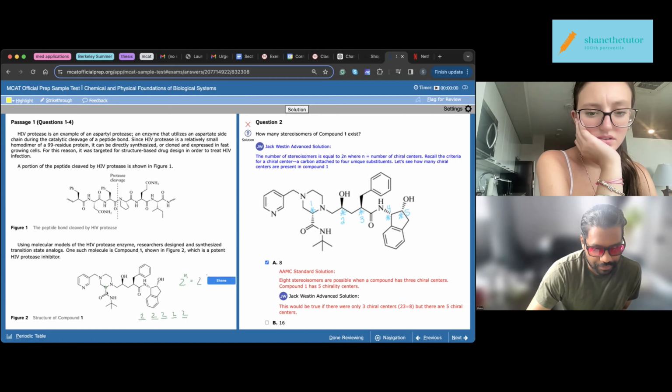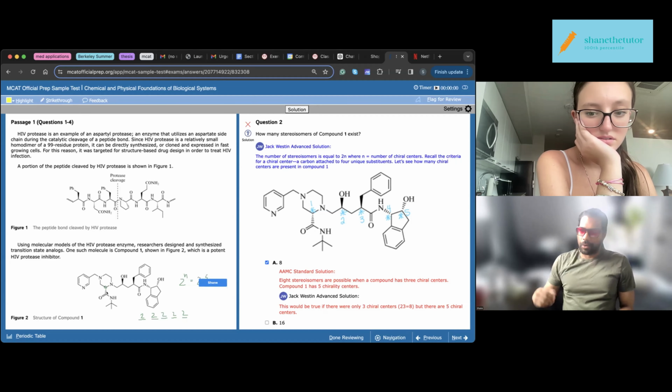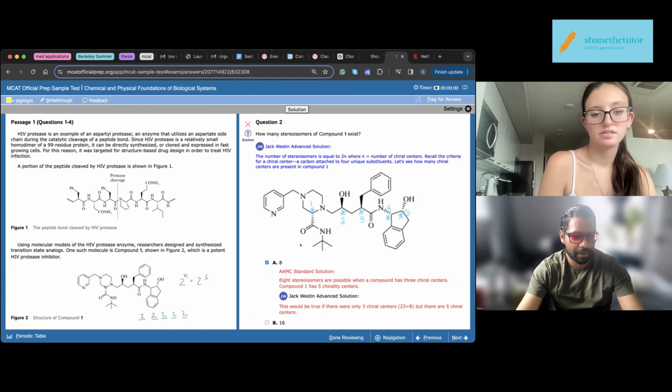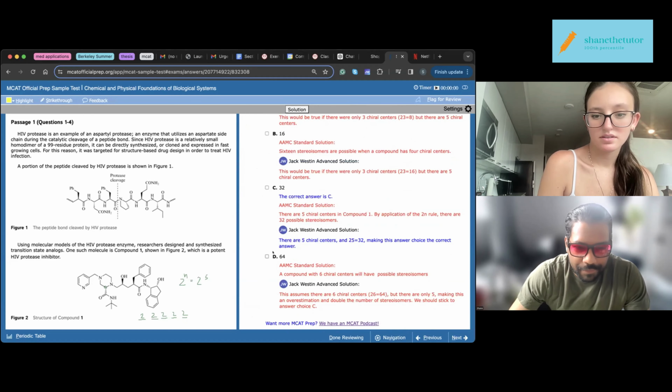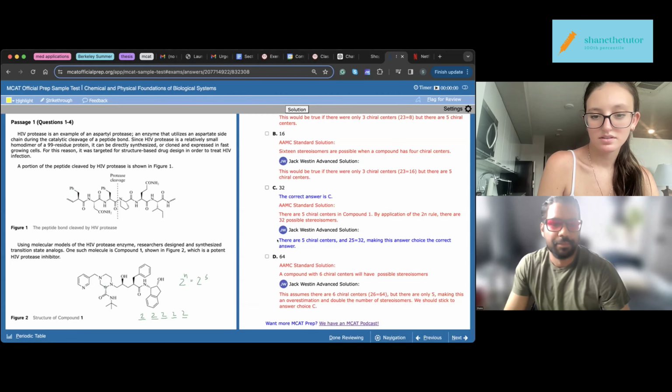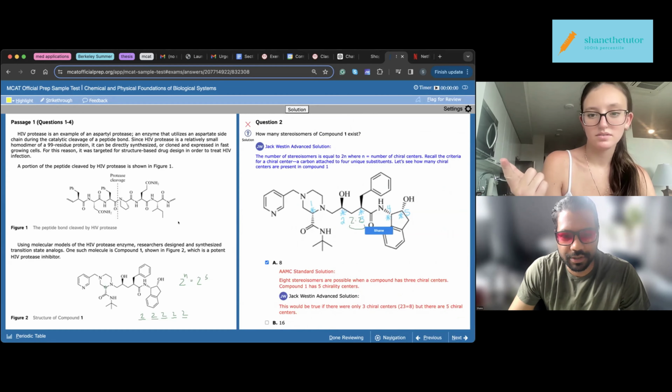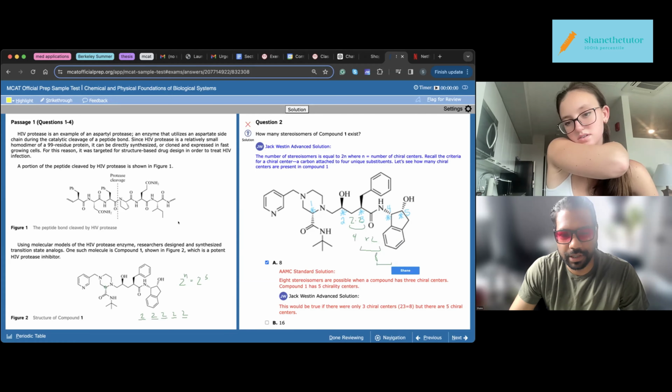So this will be 2 to the 5th power. That's 2 times 2 is 4, times 2 is 8, times 2 is 16, times 2 is 32. I think it'll be 64. Oh no, 32.